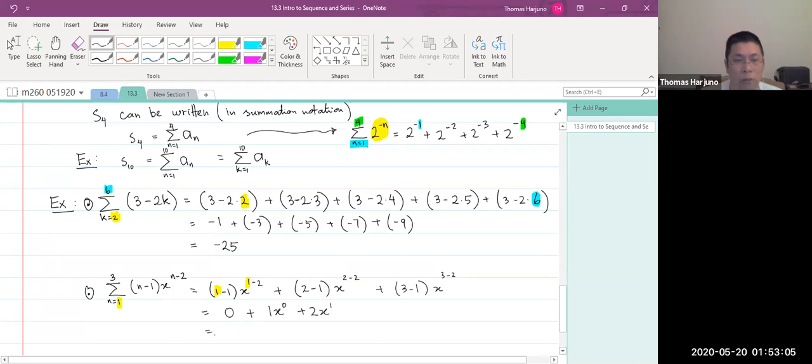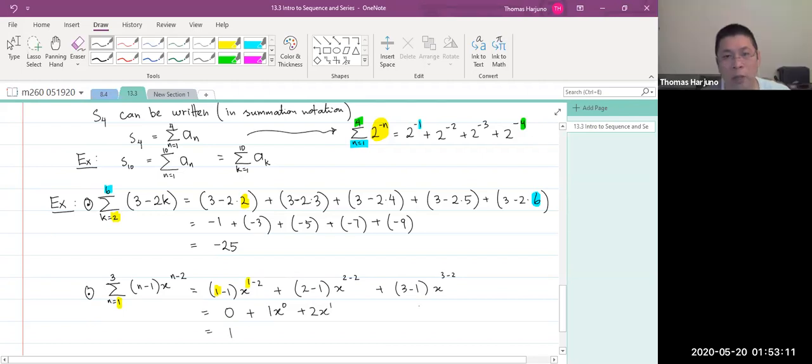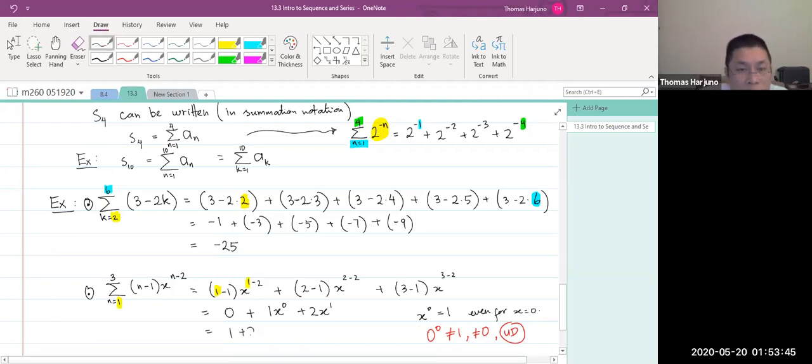Now, what is x to the 0? 1, because we assume x to the 0 equals 1. Even for x equals 0? Well, actually 0 to the 0 is not equal to 1 and not equal to 0. It's actually undefined. But for polynomials and this kind of sigma notation, there's a convention that x to the 0 we will just call 1. Plus 2x. Is it okay?